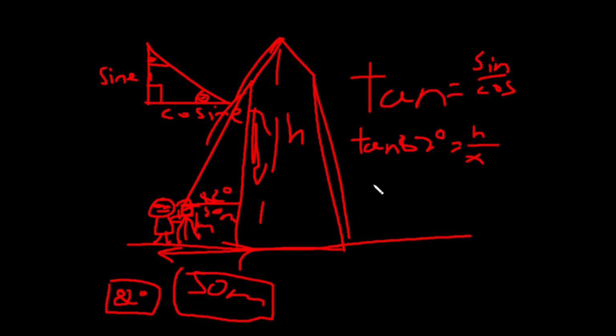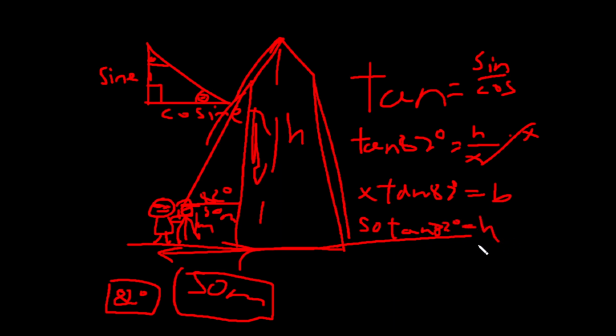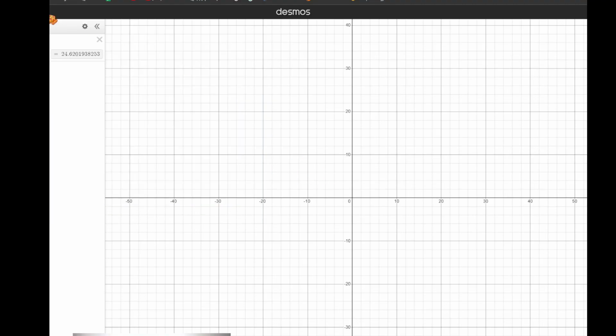To solve for h, you just do x times tan 82 degrees equals h. X is equal to 50, so it's 50 tan 82 degrees equals h. And so we're back to 50 times tangent 82, which is about 355.76 meters. Yeah.